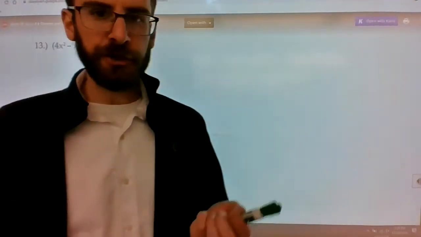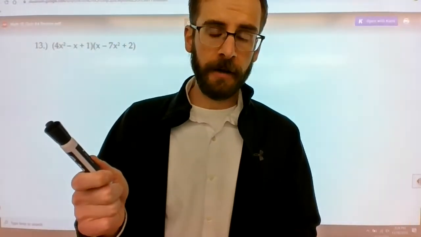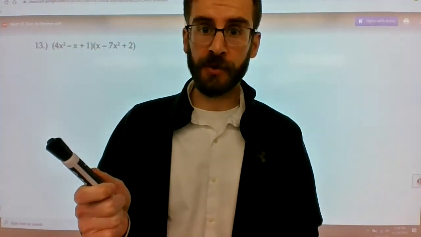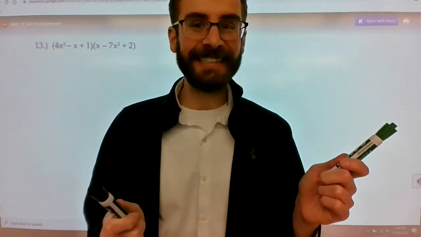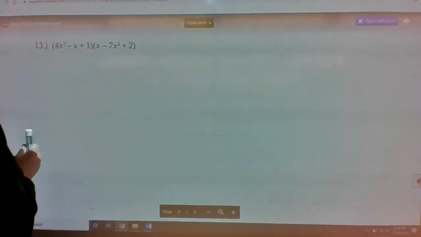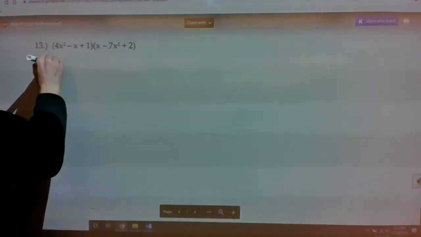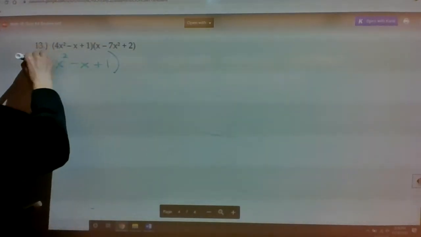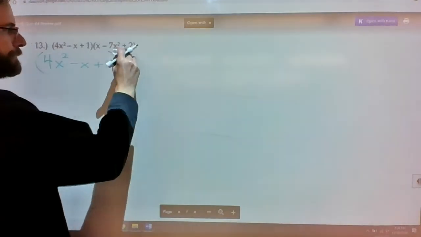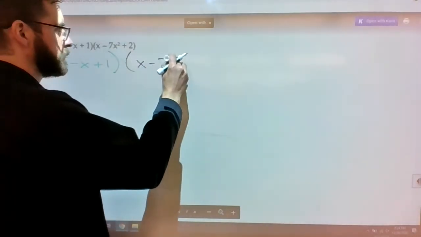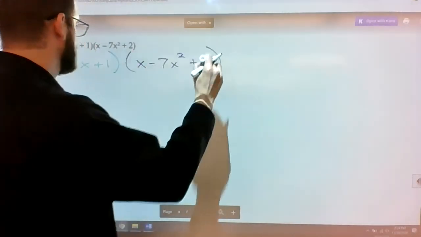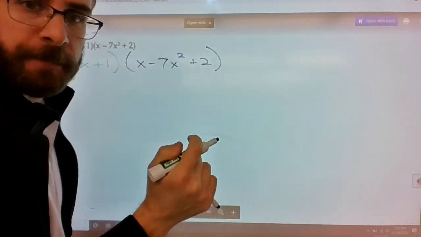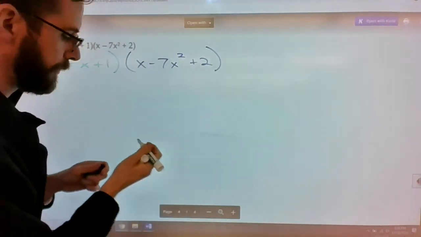So this is another situation of putting one of the polynomials in one color, the other polynomial in a different color. So I'm going to do green polynomial times purple polynomial. And then everybody in green is going to be put side by side with everybody in purple.